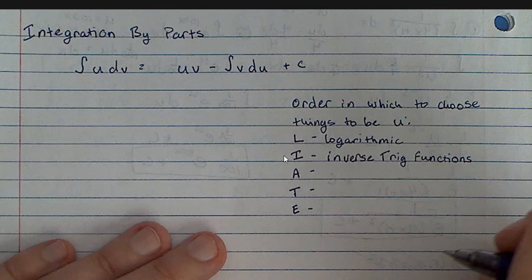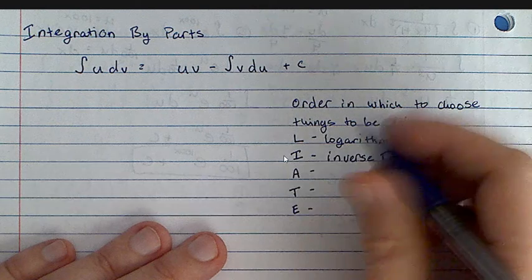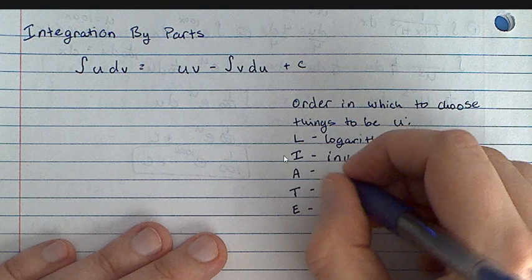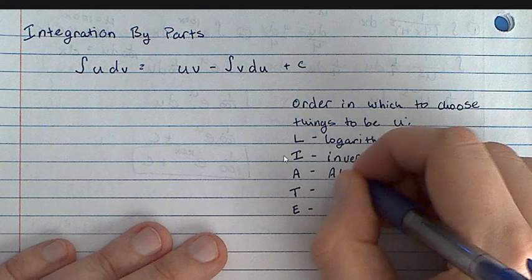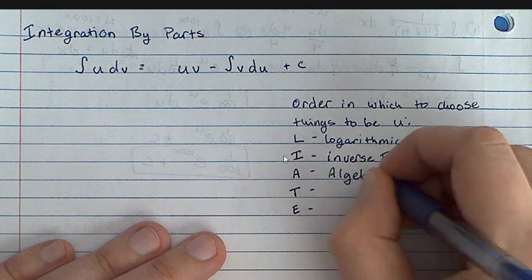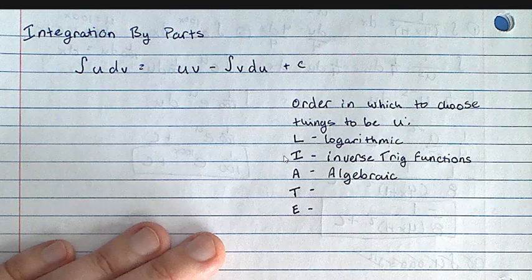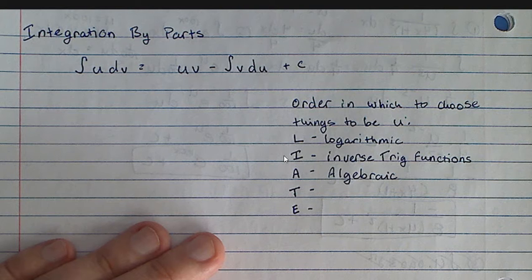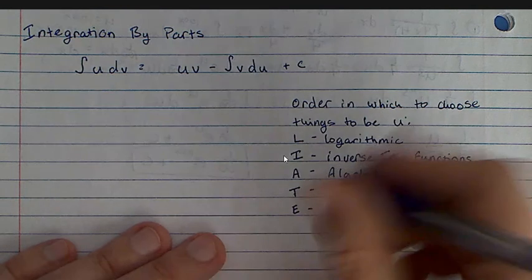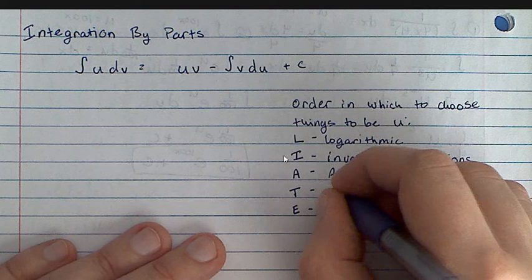A is algebraic functions, which is like x squared, 2x, 3x, stuff like that. T is plain old trig functions.